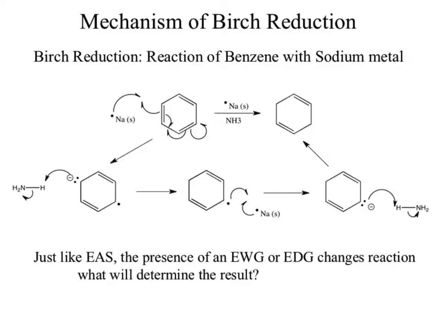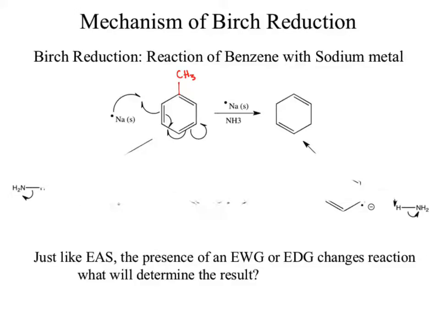But what happens if I did an EAS reaction beforehand and put on a methyl group? Are all the double bonds now the same? No. Now there's a slight difference in the structure, which then means the results I get could be different. And I could end up with one of two products.